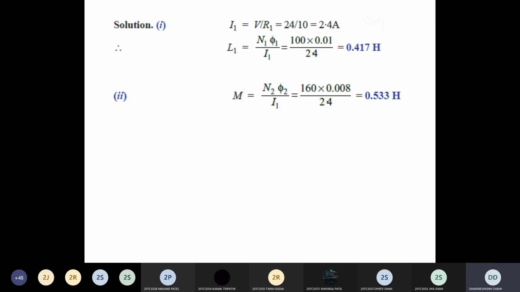Now find out the third one, coefficient of coupling, K. As you already know the relationship between mutual inductance and self inductance, M is equal to K square root of L1 into L2. Clear?